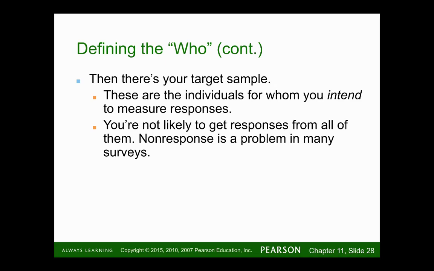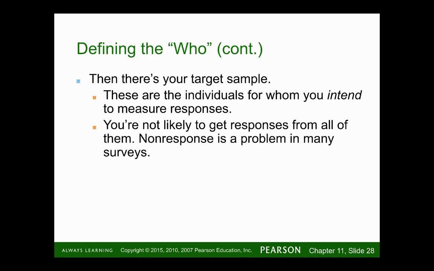Then there's your target sample. These are the individuals for whom you intend to measure the responses, but you're not likely to get responses from all of them. Nonresponse is a problem in many surveys. We often joke about this with teachers. Ever since Google Forms came out and you could create a survey, teachers and administrators send out tons of surveys.